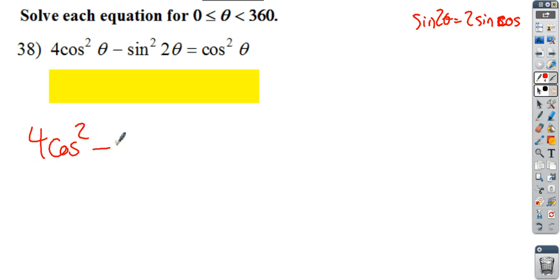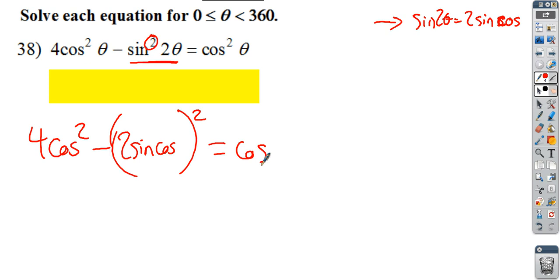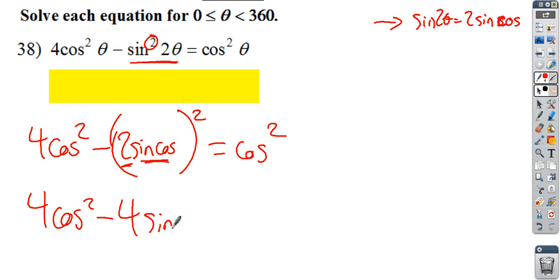4 cos squared minus, how do you do this? Well, sine of 2 theta is this right here, and that's telling us to square it. So I'm literally going to replace sine of 2 theta with this, and then that's being squared, so I'm going to square it. Okay, so then let's do this. So we get 4 cos squared minus, if you square the 2, you would get 4, and if you square this, you would get sine squared cosine squared.